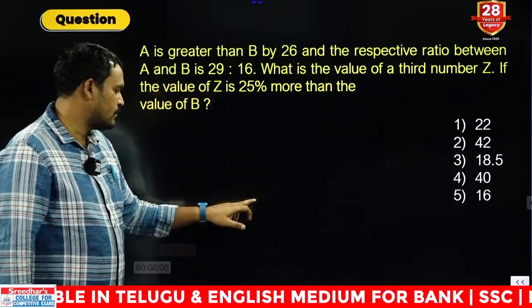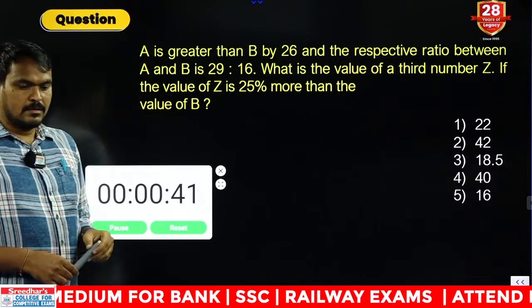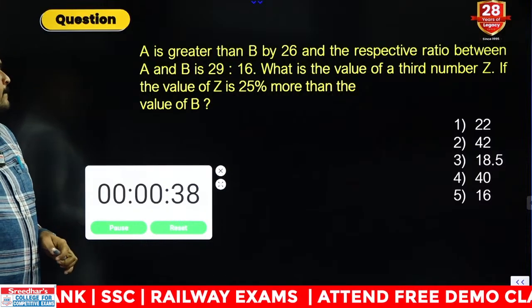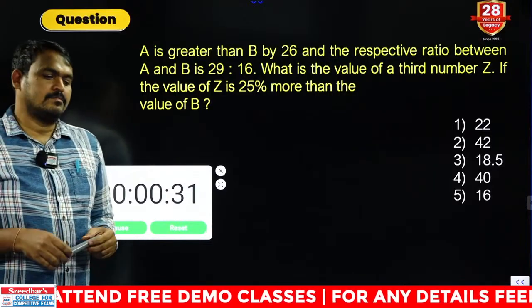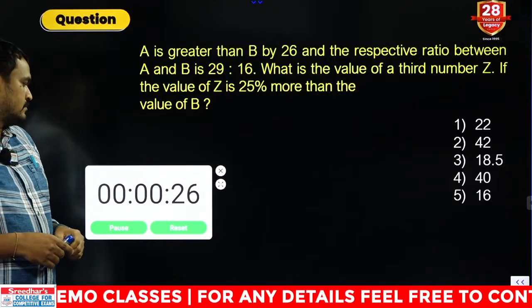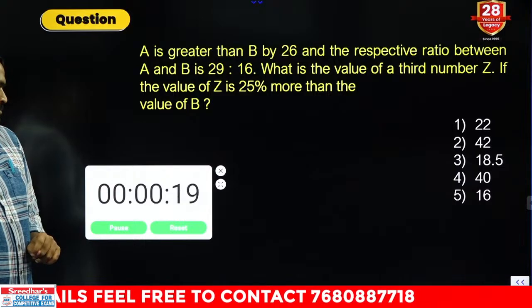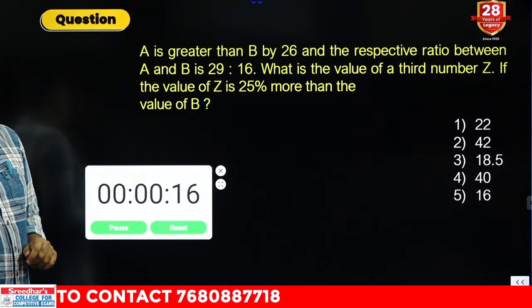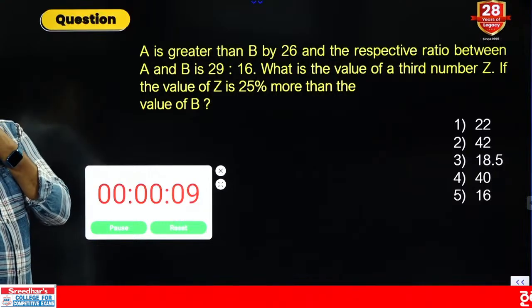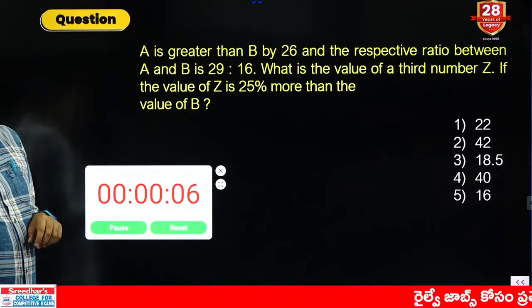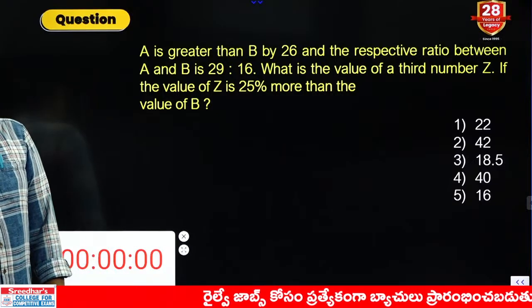Next one. Okay, A is greater than B by how much? 26.